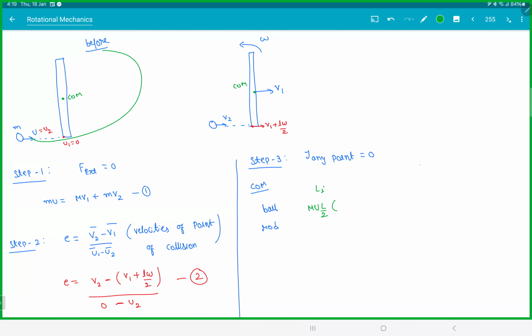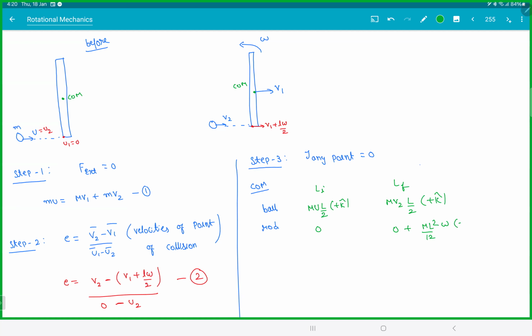The rotation will be this way, the plus K cap. Rod is initially 0. L final, M, V2, L by 2 plus K cap. For the rod, it is translating and rotating. So angular momentum about center of mass, that will be 0 plus ICM omega.